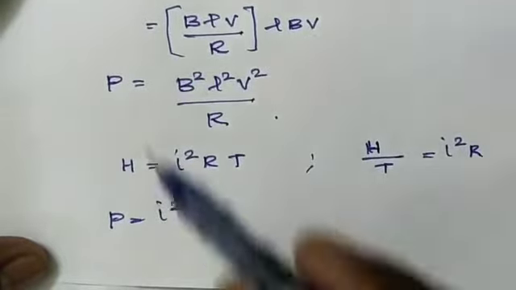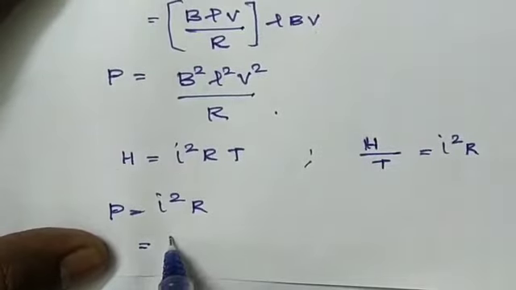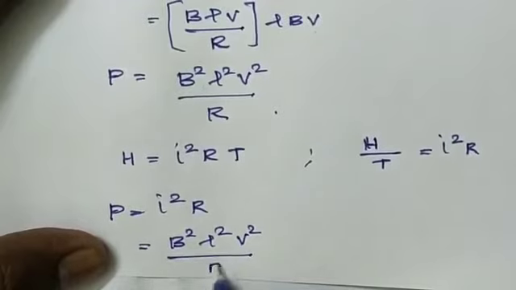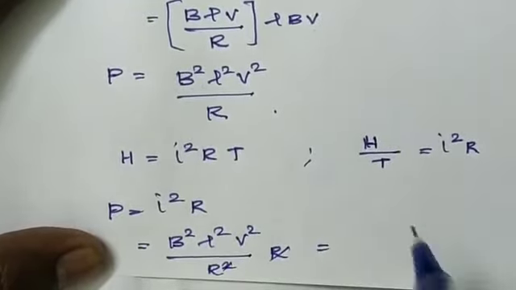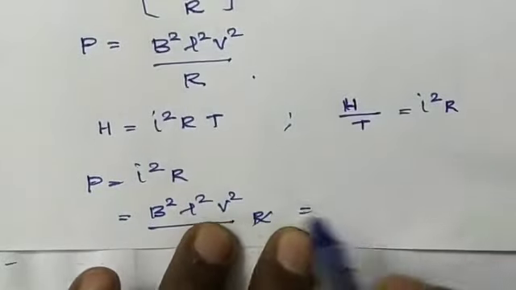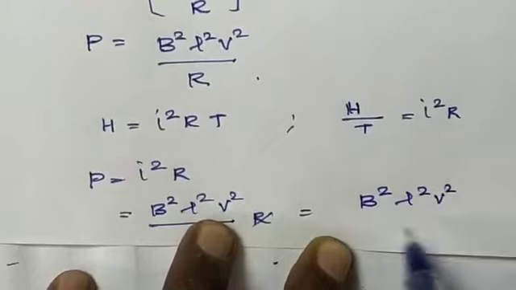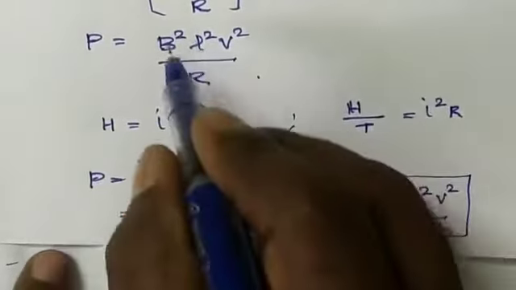Already we know I, so substituting that value, finally we get B squared L squared V squared by R squared into R. Now we can cancel that. Finally we get the electric power as B squared L squared V squared by R. So that is the equal power.